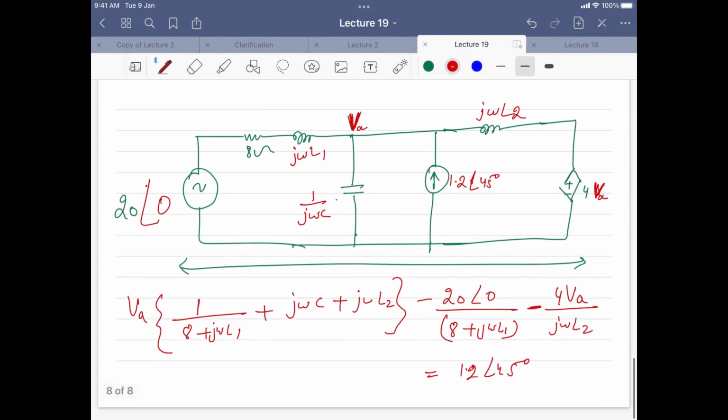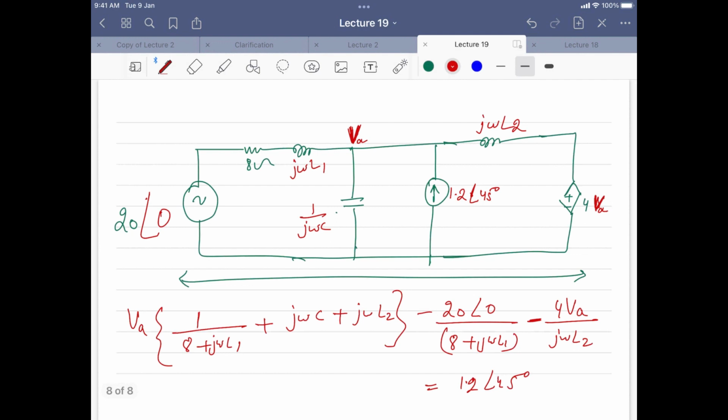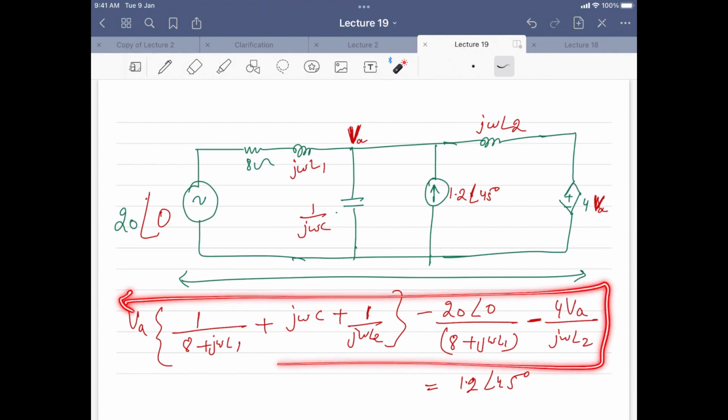Are you okay with this? 1 upon j omega L2. j omega L2. 1 upon j omega L2 will come. Yes, right, good. So everyone is okay with this equation? I am writing nodal analysis at this point. If you are not, then you have to practice a lot.